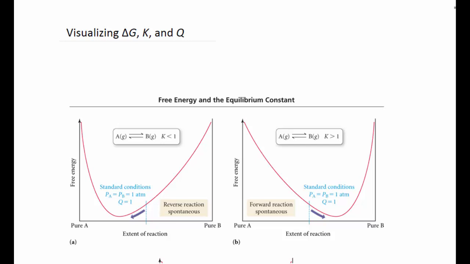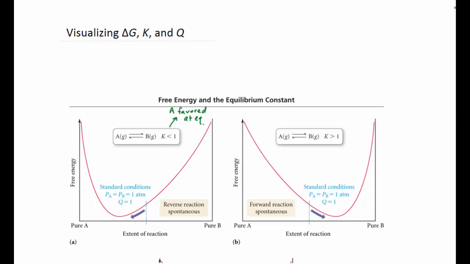Okay, A makes B, and if we start with K less than 1, that means at equilibrium, what would be favored if K is less than 1, A or B? A is favored. Okay, K is less than 1, so let's write that. A favored at equilibrium. Okay.